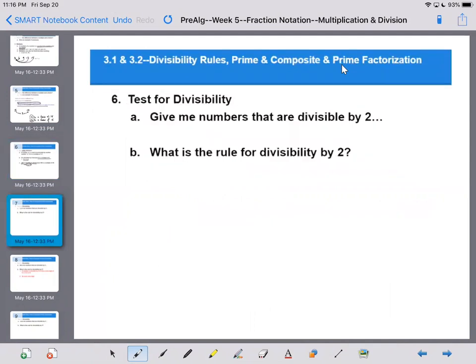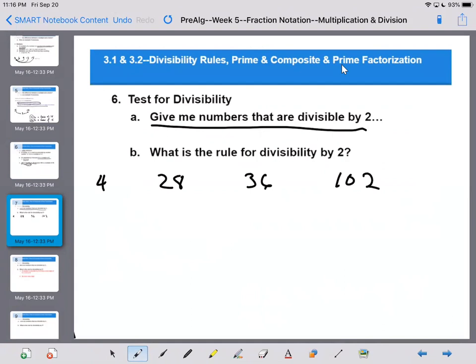So when we test for divisibility, when I say give me numbers that are divisible by 2, you would give me numbers like 4 and 28 and 36 and 102. What we're noticing is that numbers that have an even number in the ones place are going to be divisible by 2.